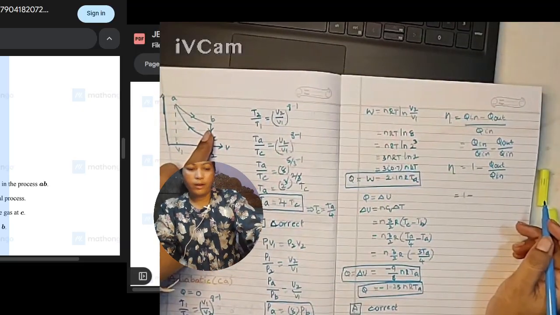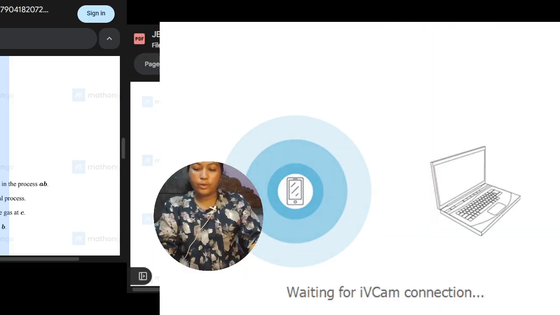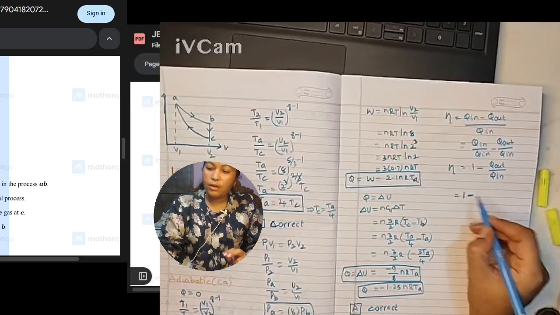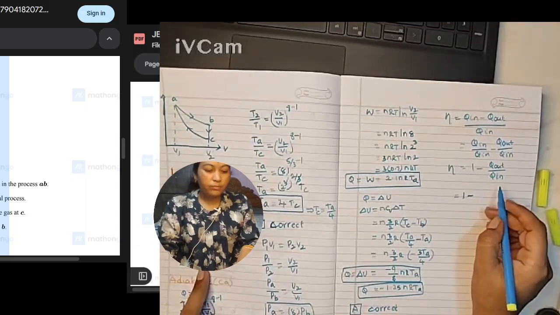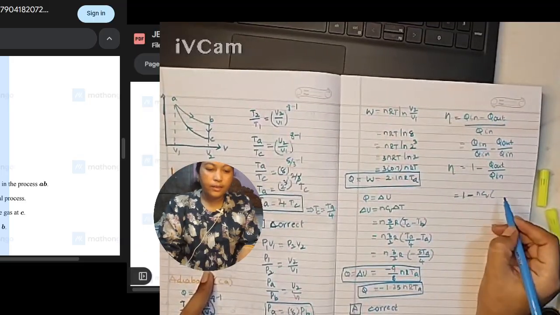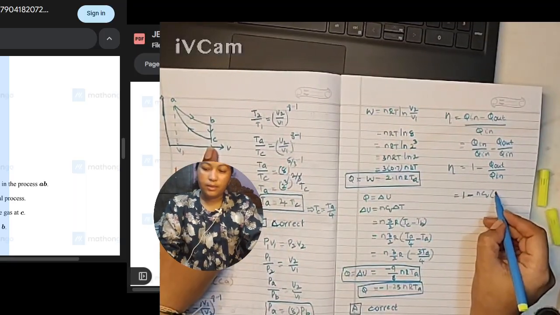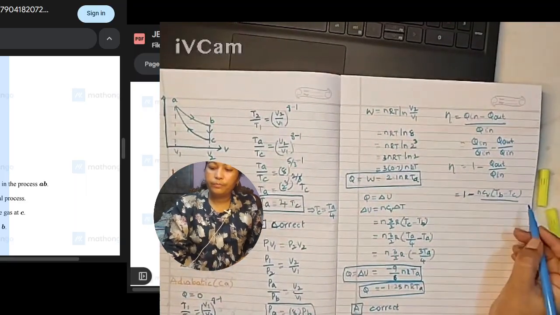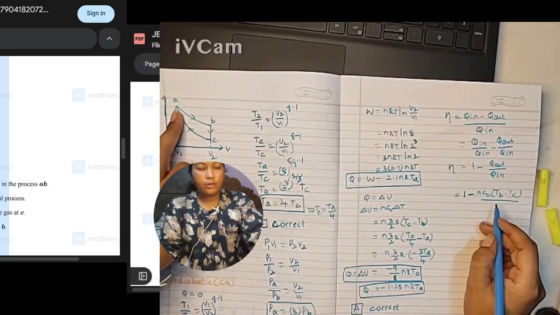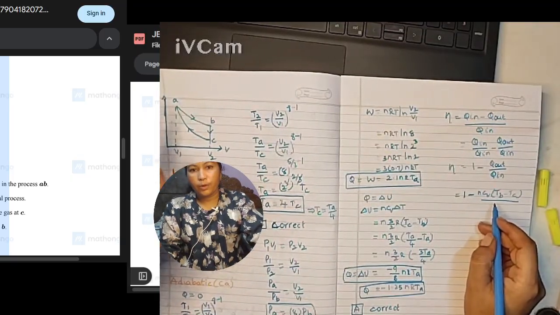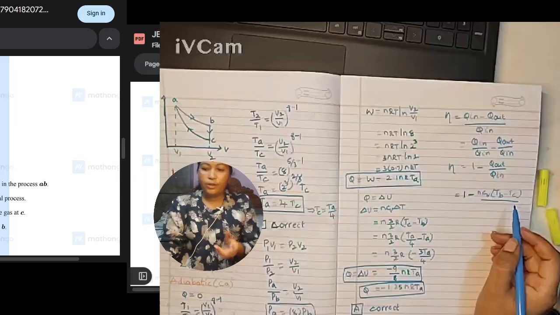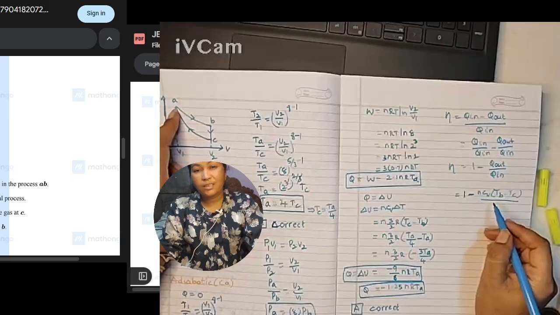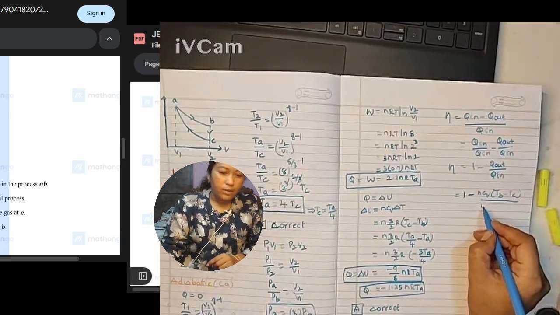The heat is released in the isochoric process. In the isochoric process, what is the formula? nCV delta T, where delta T is TB minus TC, divided by Q in. What is the Q in? From the isothermal state, from A, the process is starting, so that is the Q in. Heat is being absorbed from A, so what is the formula for it?